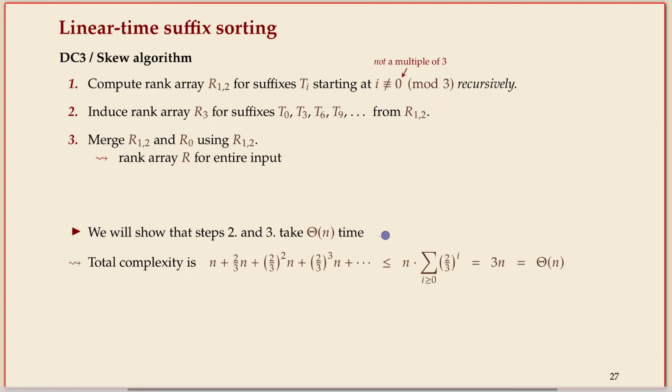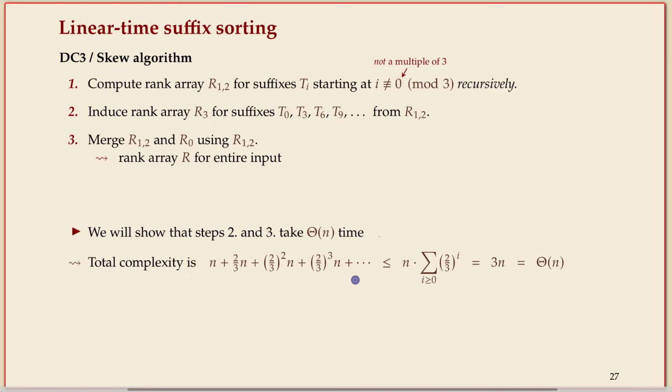If you take that for granted, then we're overall in good shape, because then the total complexity is linear for the topmost recursive calls doing steps 2 and 3, plus we recurse on something that has roughly size 2/3 n. So in the first recursive call, we'll do again another round of steps 2 and 3, but on an array, or a string, that's just 2/3 n long. And we keep going like this.